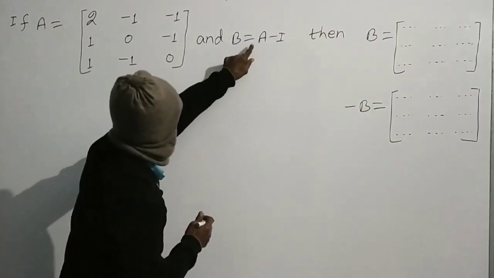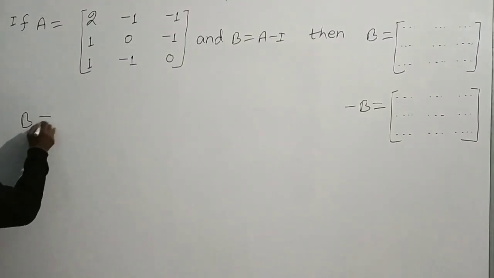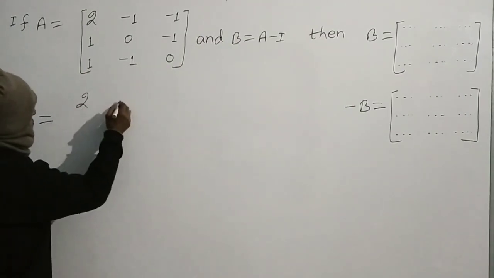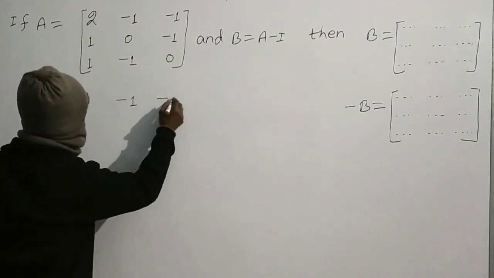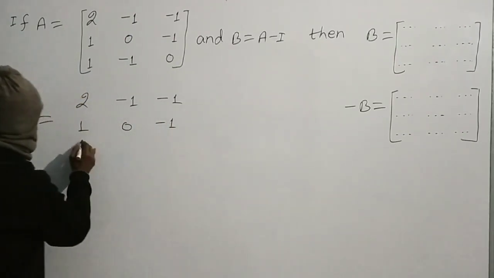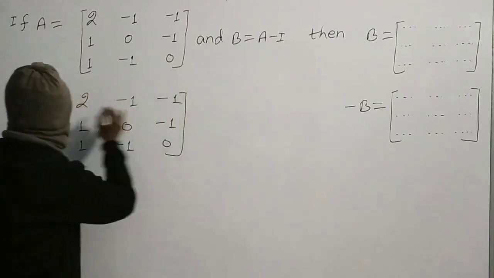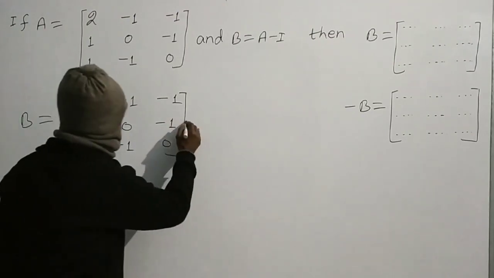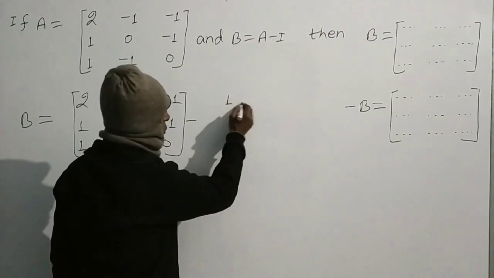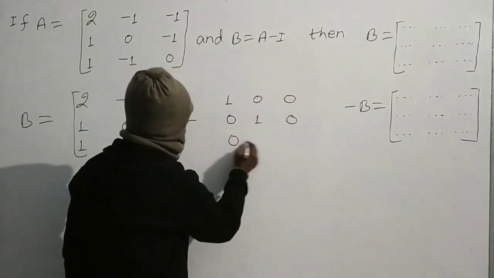B is equal to A minus I, that means B is equal to A, write this matrix, 2 minus 1 minus 1, 1 0 minus 1, 1 minus 1 0, minus I, I means unit matrix. This is the unit matrix, 1 0 0, 0 1 0, 0 0 1.